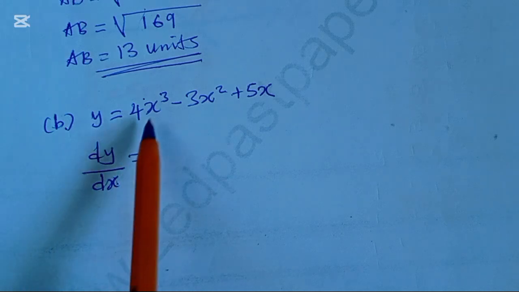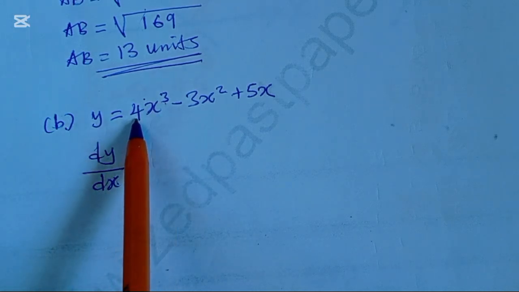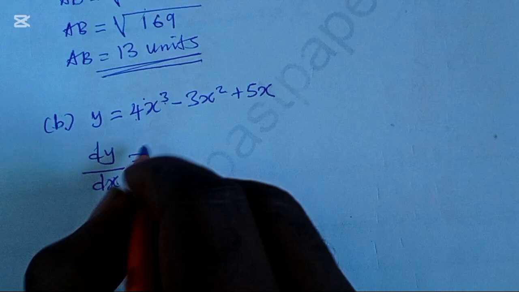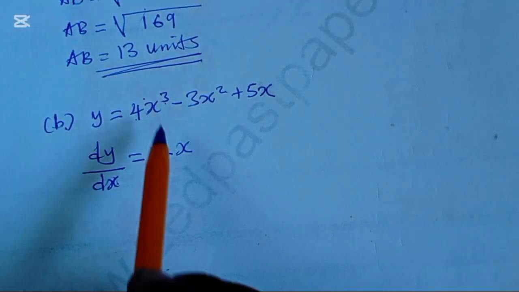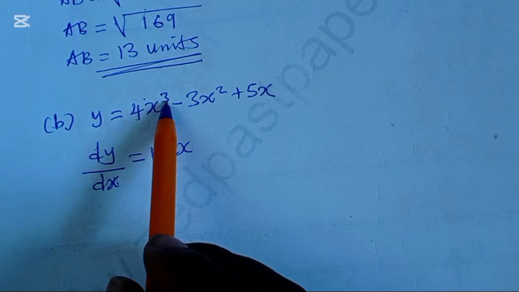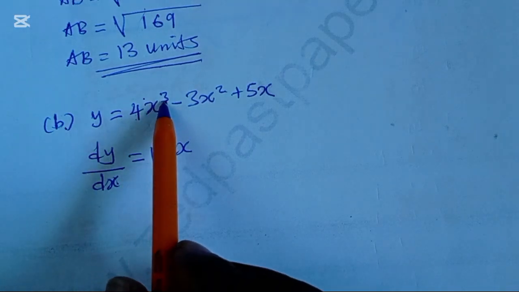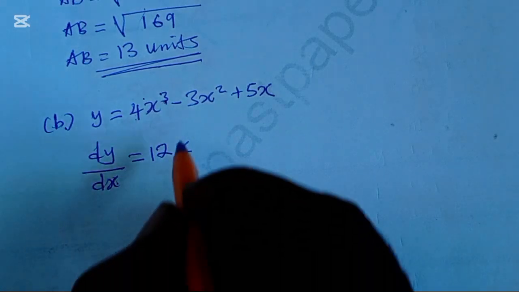So what we do is you multiply this power from x times the coefficient of x, which is 4. So 3 times 4, it is going to give us 12x. Then you subtract the power of x, which is 3 minus 1, which is 2.